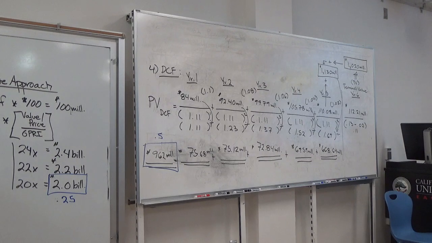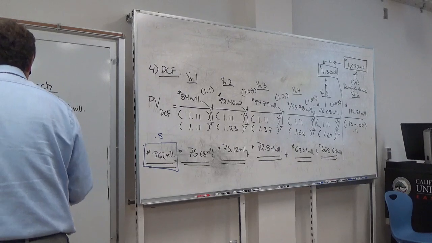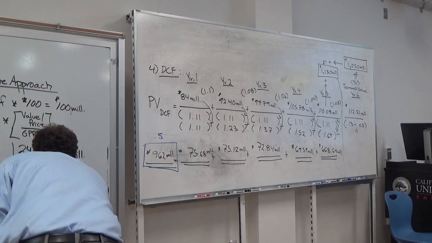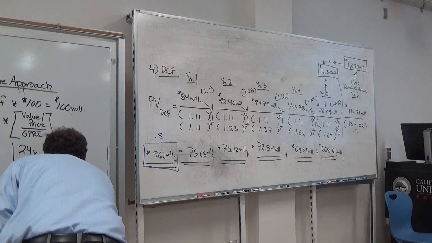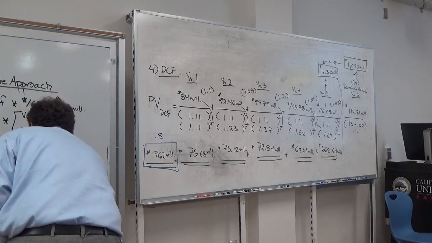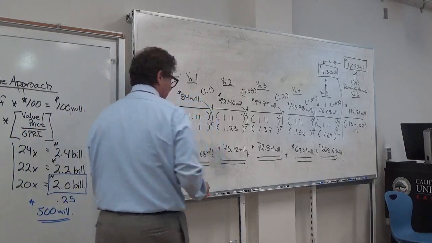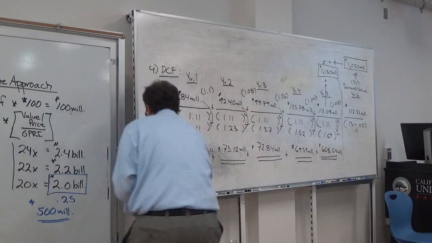210 million? You just round. Is that right? And then what's 25% of 2 billion? 500 million. Is that right? Okay. And then what's 50% of 962? 481.